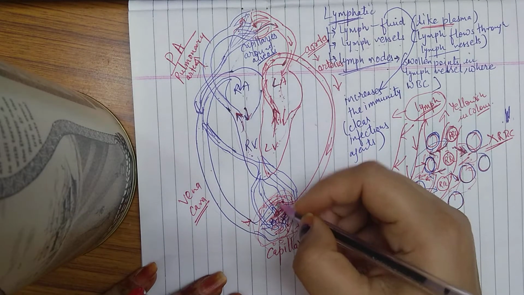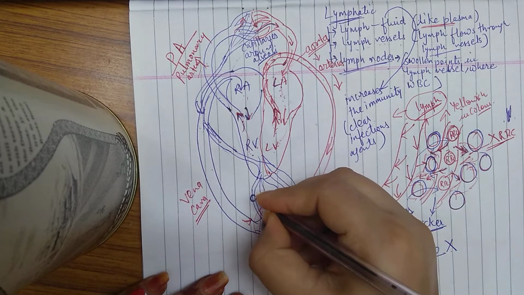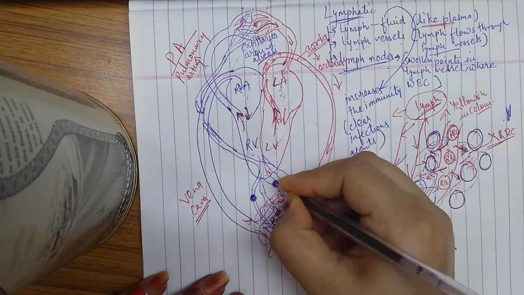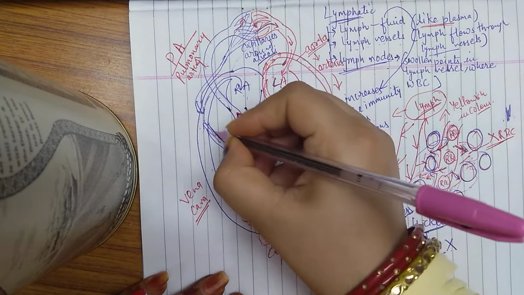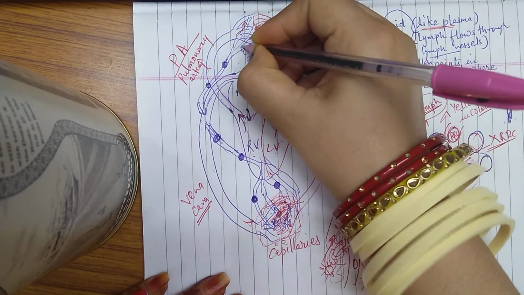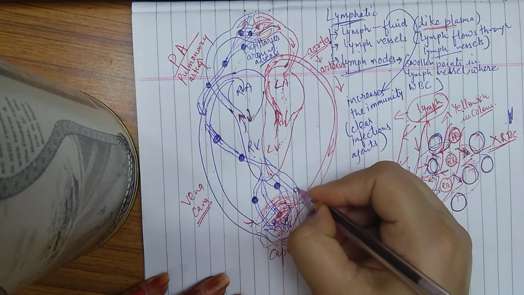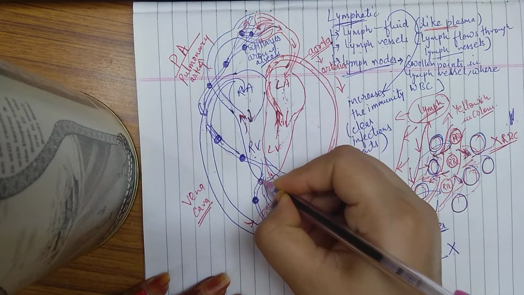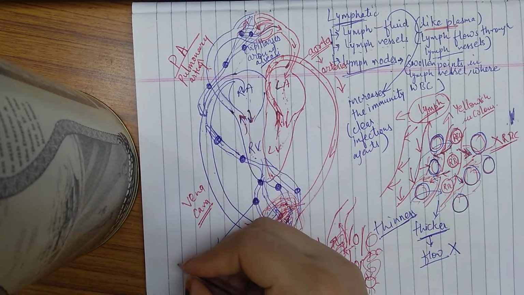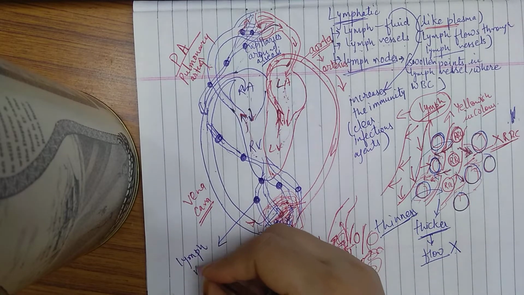Now in the lymph vessels there are certain round nodes, swollen parts at some points all over the lymphatic system. The lymphatic system is the network of lymph vessels. All over these lymph vessels, there are some points where swollen parts are there. These swollen parts are known as lymph nodes.